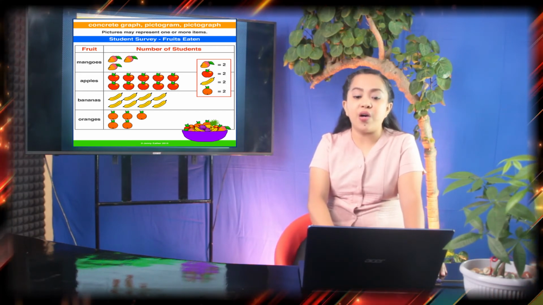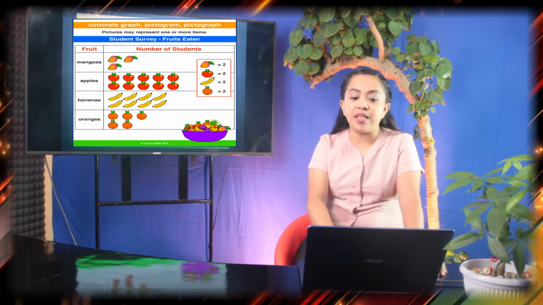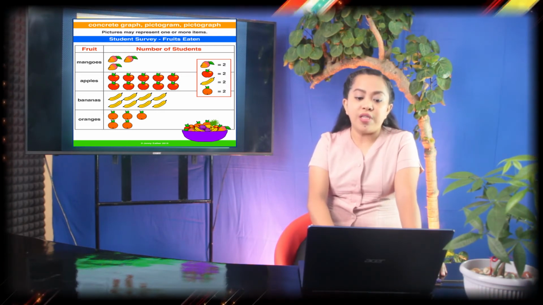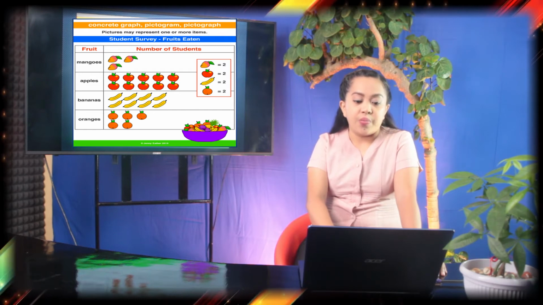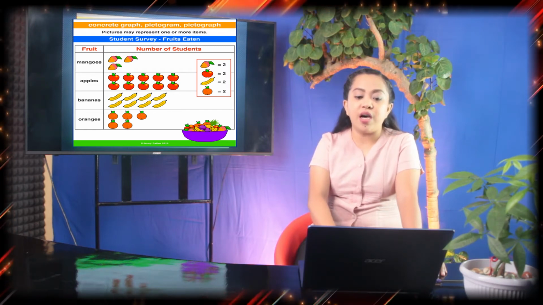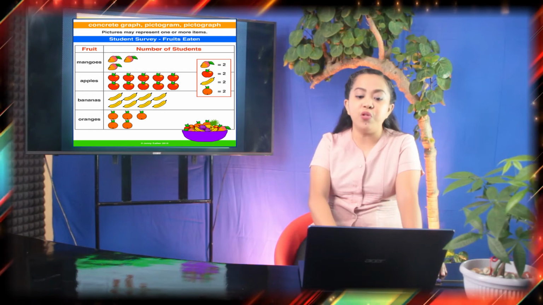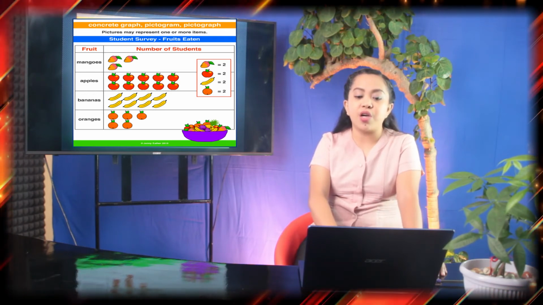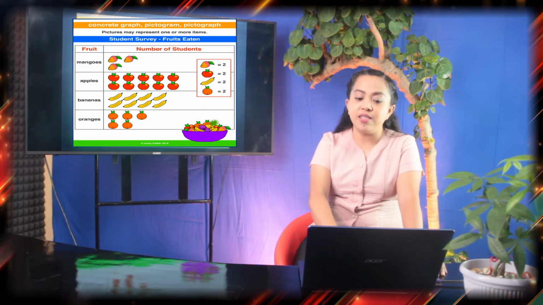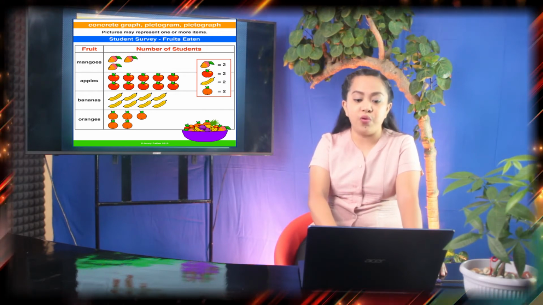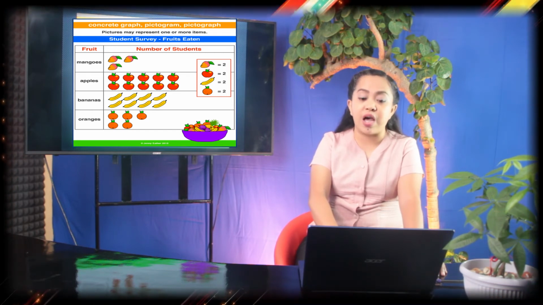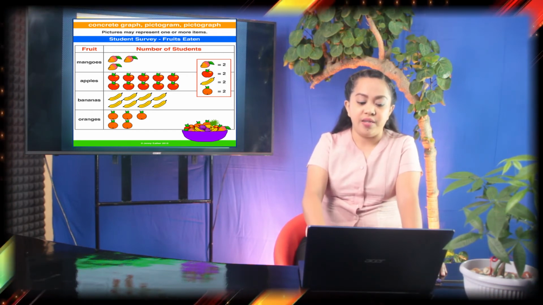Typically, the icon represents the data subject or category. For example, we have here data on students' health and the fruits they are eating. In this example, the icons are fruits since the category is fruit. So, this is how a pictograph is presented.